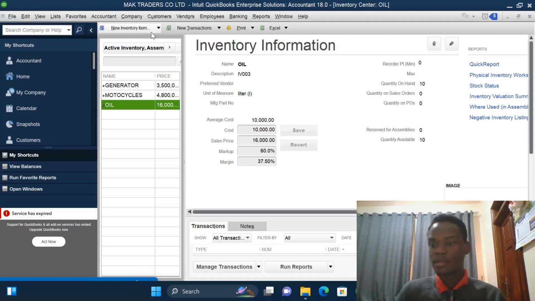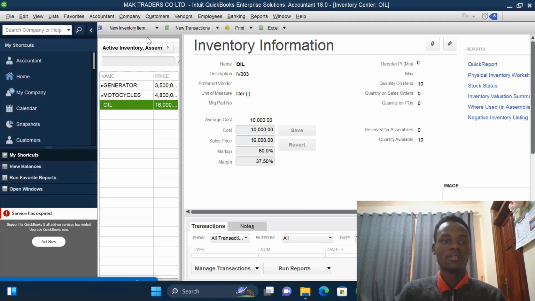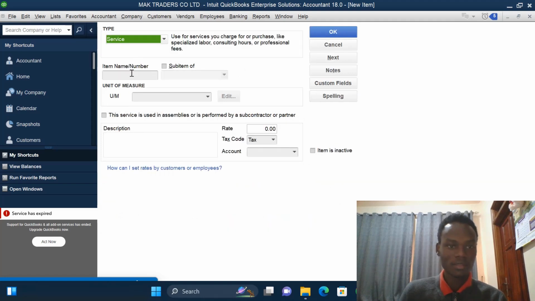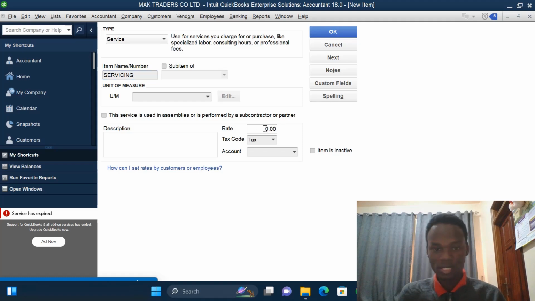So we have another item. Now servicing is a service. So go back to add new inventory item. However, this time, because it's a service, we shall not choose inventory part, but we shall choose service. So the item name will be servicing. We're not going to put a unit of measure. We'll just put the rate. Our rate is 30,000.